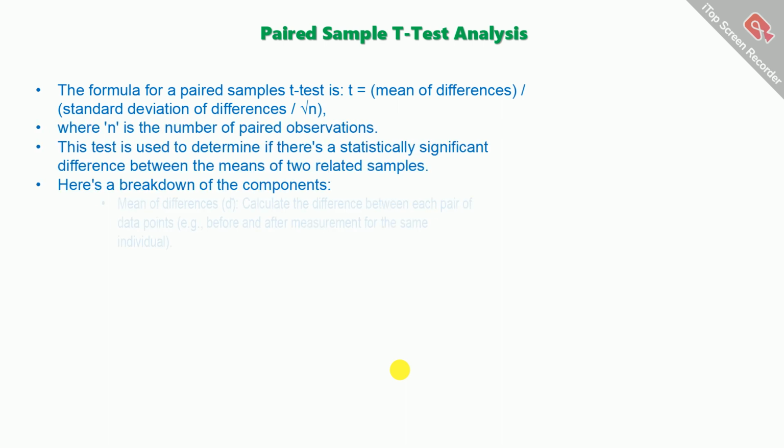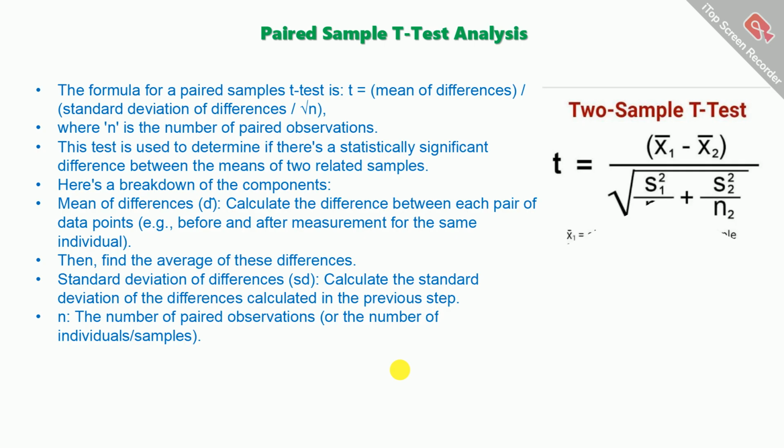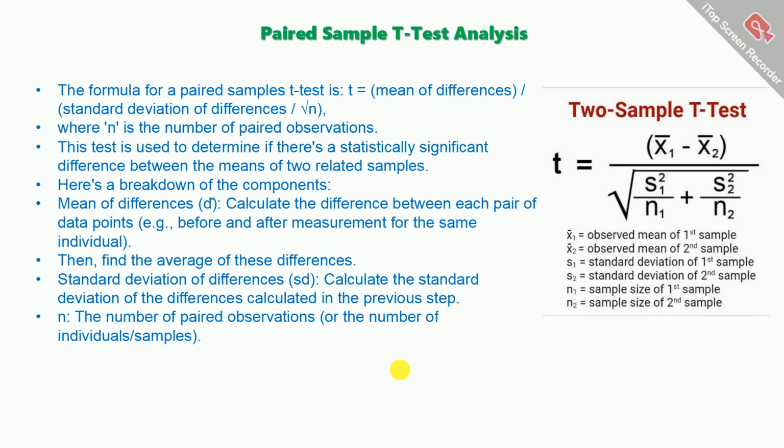The paired sample t-test analysis is given here in detail, and this is the formula for the paired sample t-test, where the test statistic, t, is given by the difference between the two groups divided by the standard deviation of group 1 divided by the sample size of group 1, and then the standard deviation of group 2 divided by the sample size of group 2.